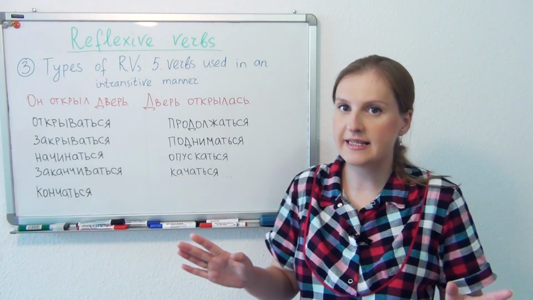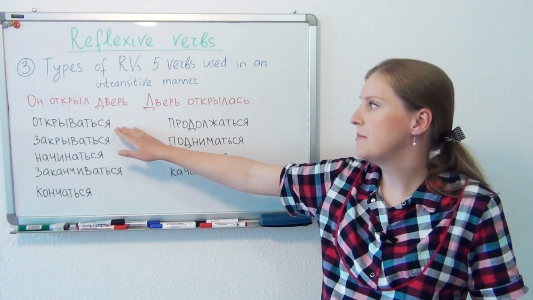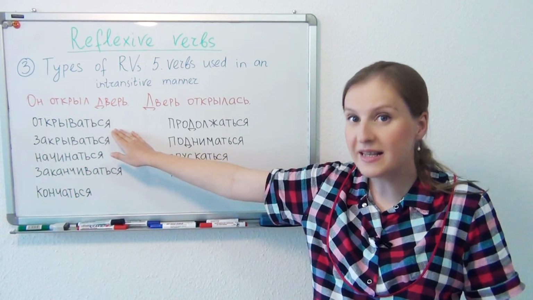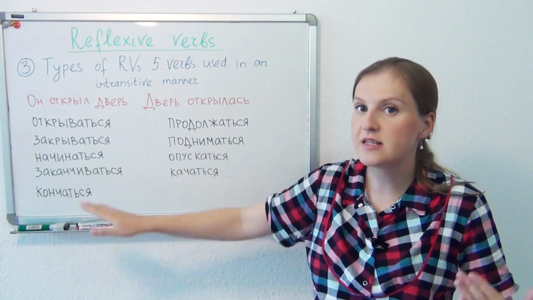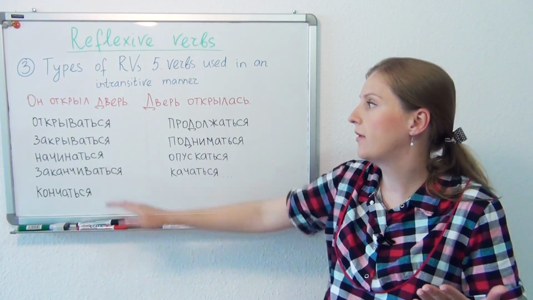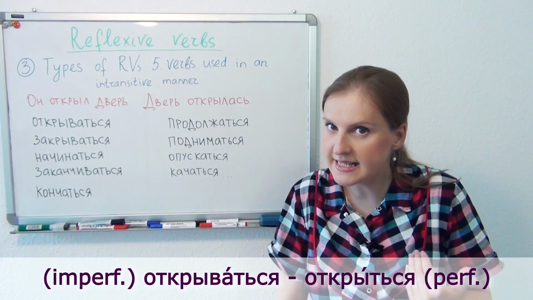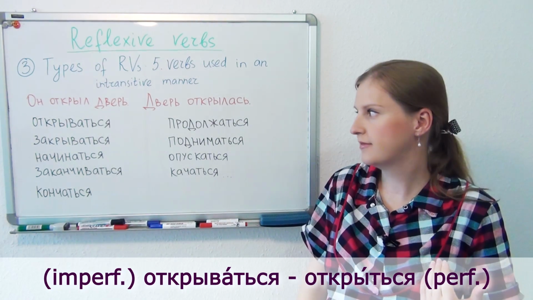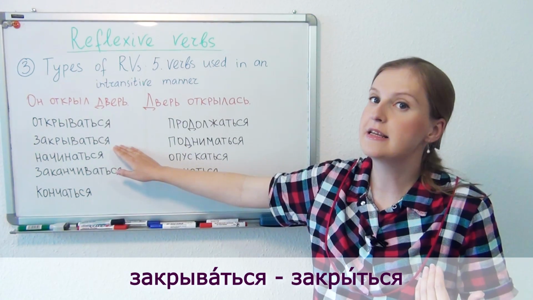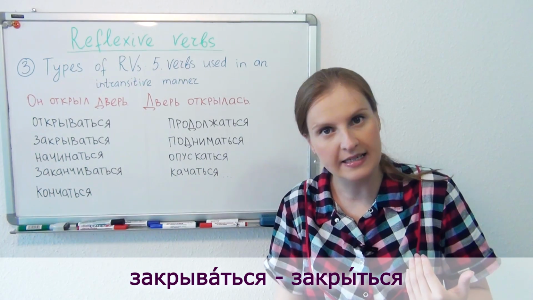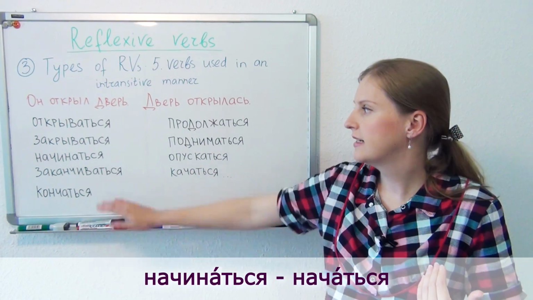Also, do not forget that here we mean not only the imperfective verbs, but perfective verbs too. For example, открываться is imperfective. Открыться is perfective. Закрываться is imperfective. Закрыться perfective.